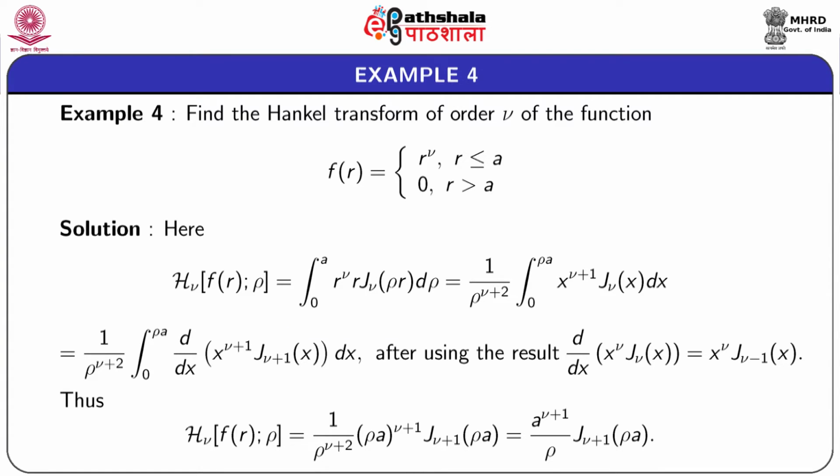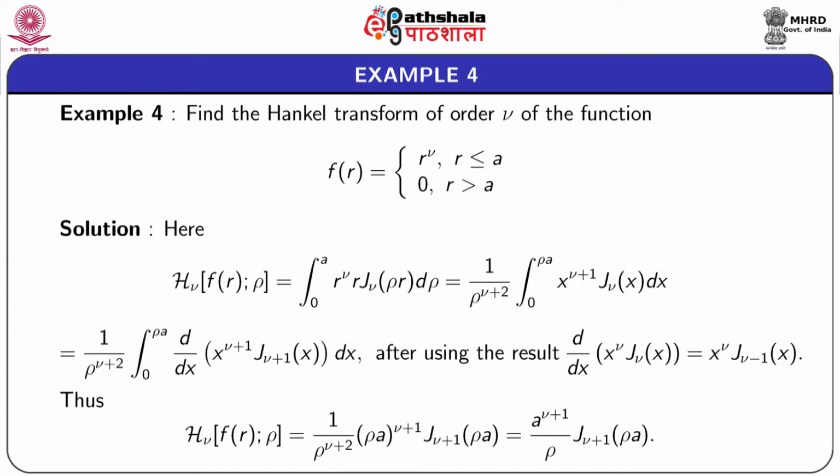where we have substituted x for rho r, and this is equal to 1 by rho to the power nu plus 2 integral from 0 to rho a of d by dx of x to the power nu plus 1 into J nu plus 1 x.